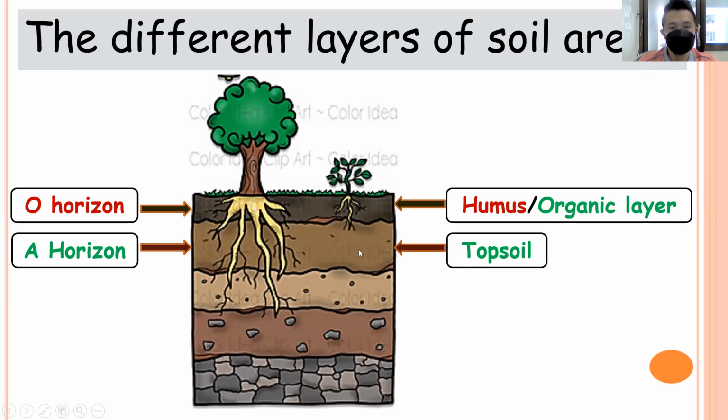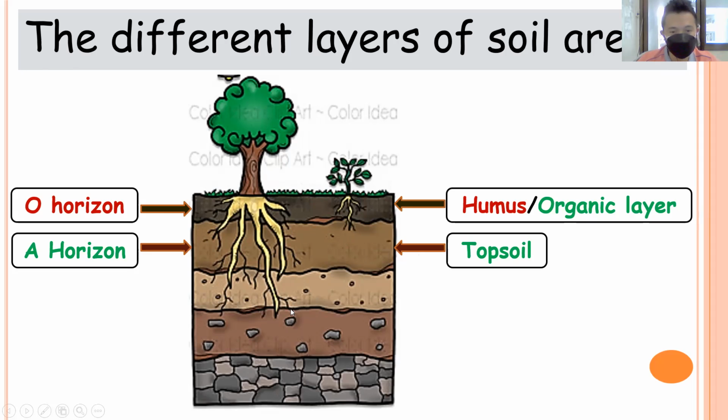According to the presentation that I showed to you this time, the smaller plants usually cannot reach topsoil, only the organic layer, but the big plants can grow until B horizon.